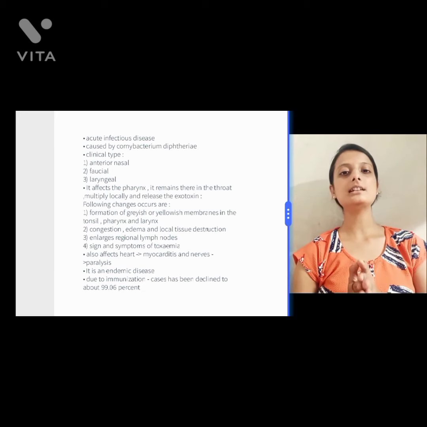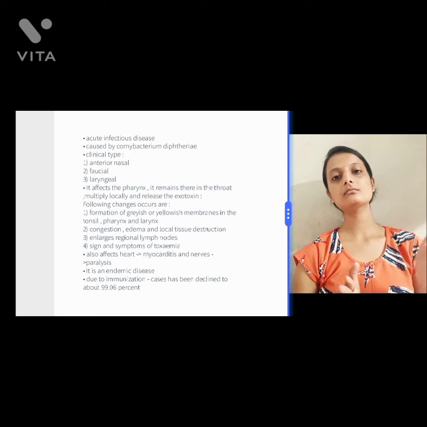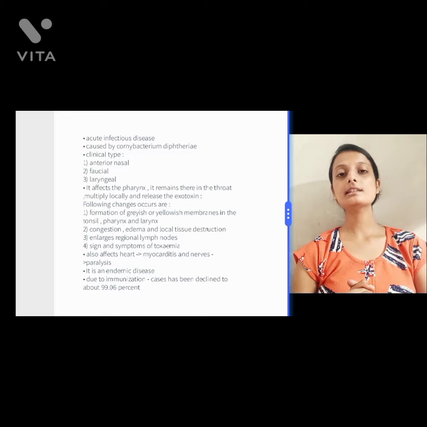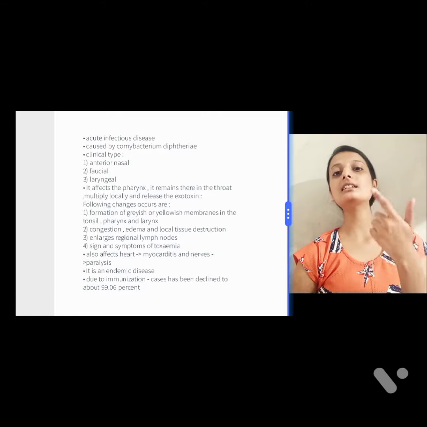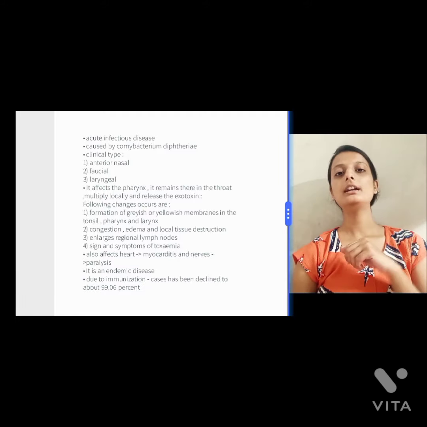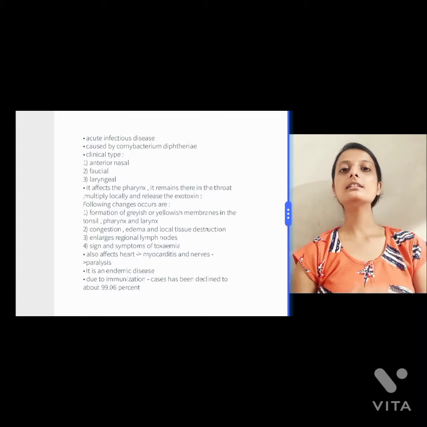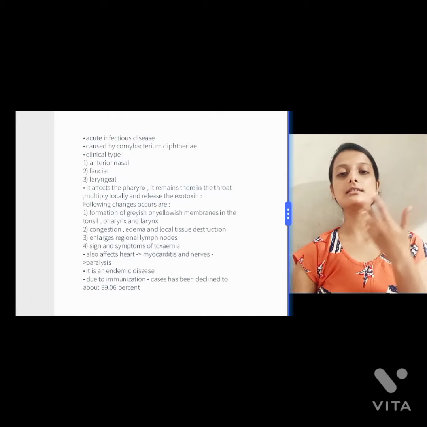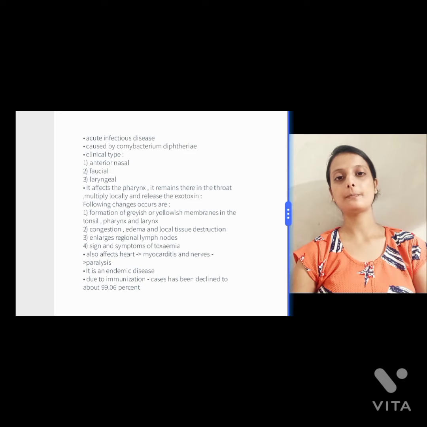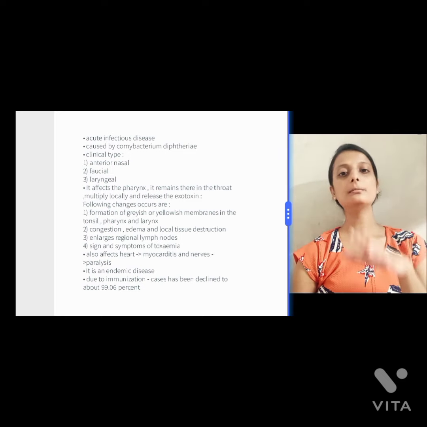And lastly, we see the signs and symptoms of toxemia. Now, this exotoxin not only affects the pharynx, it also affects the heart and nerves. In the heart it causes myocarditis, and in the nerves it causes paralysis. So this was regarding the bacteria.